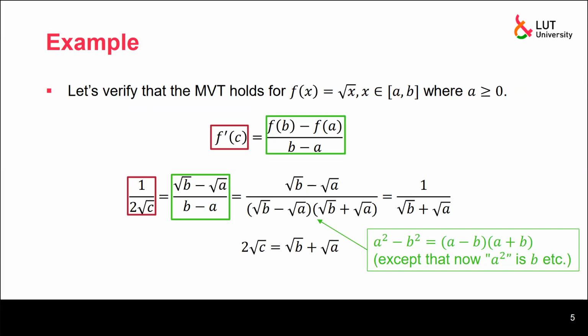And what the next step does is that we assume that b is square root of b squared. So we substitute what we have in the green box below. But the symbols are different.